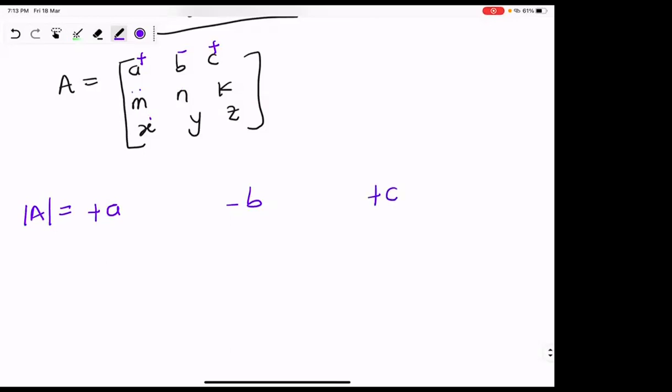Now we go back to our matrix and cross out the rows and columns in which these components are. Our first component is A, in the first row and first column.